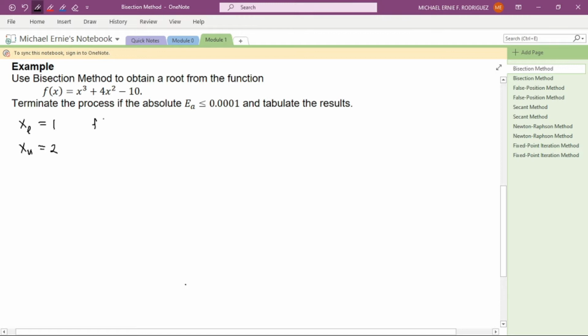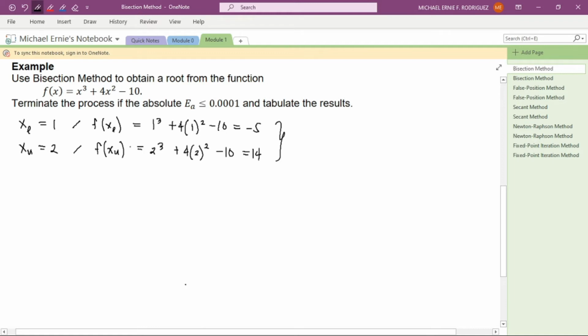And then evaluating for the functions, f of x sub l is equal to 1 cubed plus 4 times 1 squared minus 10. This is now equal to negative 5. And then f of x sub u is 2 cubed plus 4 times 2 squared minus 10 is equal to 14. As you can see, the sign changes between values of 1 and 2.